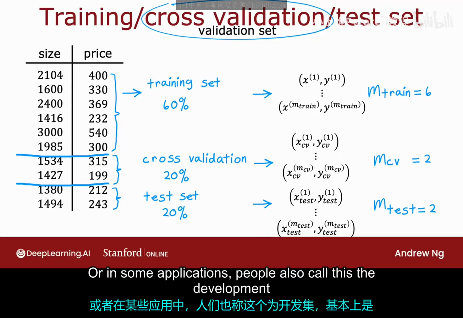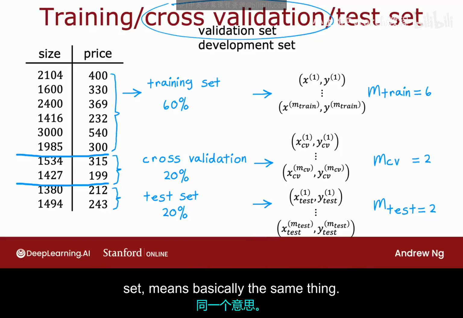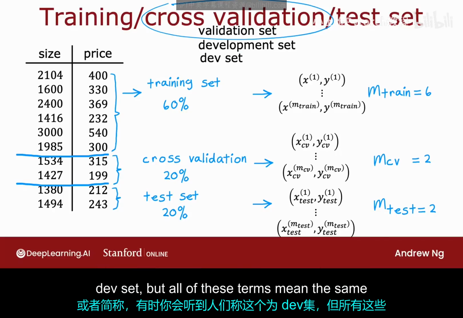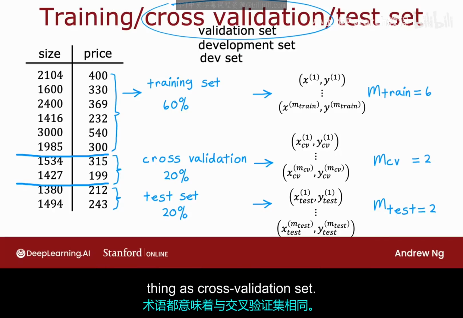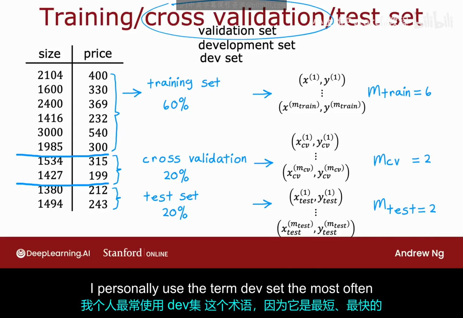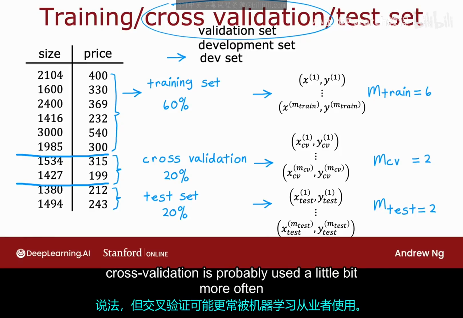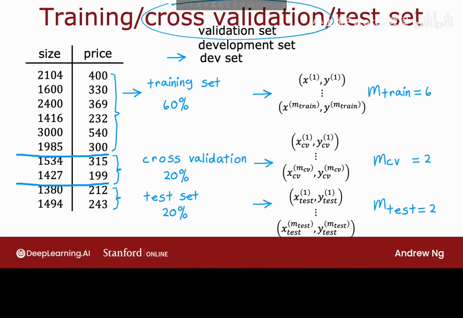Or in some applications, people also call this the development set. Means basically the same thing. Or for short, sometimes you hear people call this the dev set. But all of these terms mean the same thing as cross-validation set. I personally use the term dev set the most often because it's the shortest, fastest way to say it. But cross-validation is probably used a little bit more often by machine learning practitioners.